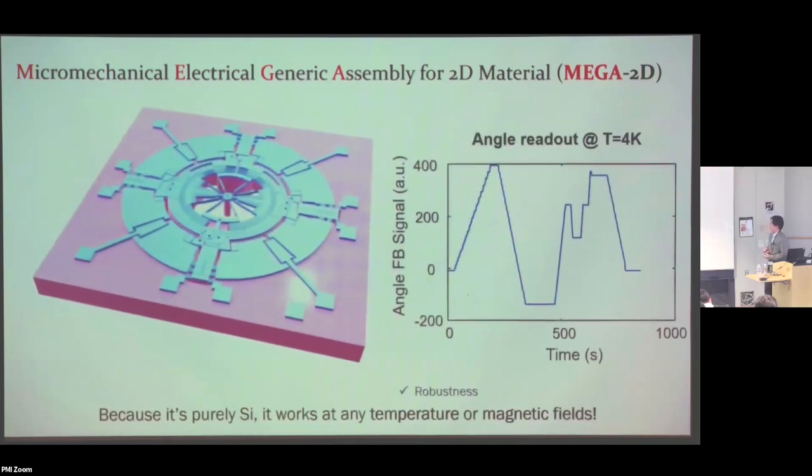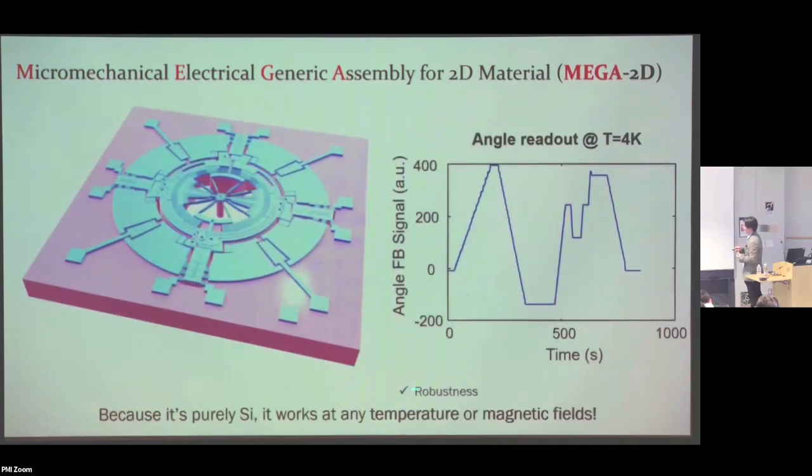This device is designed to be compatible with low temperature and magnetic field from scratch. So we can operate this device at cryogenic temperatures, even millikelvin, without any problem. Okay, and also high magnetic field, because it's not based on any coils or magnets or things like that to drive it. It's based on a completely electrostatic mechanism.